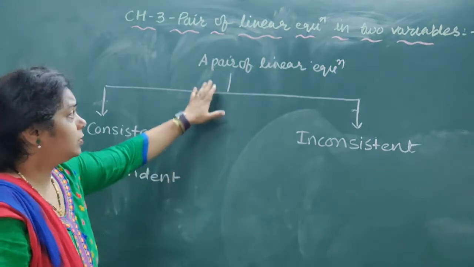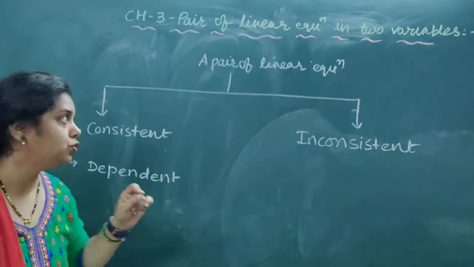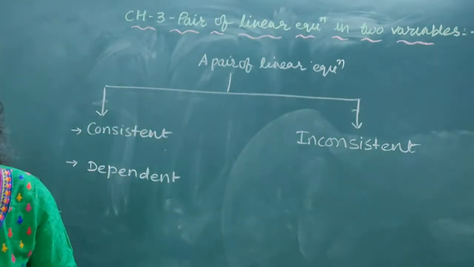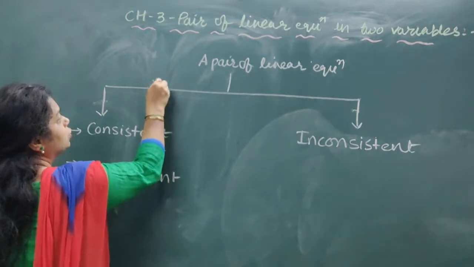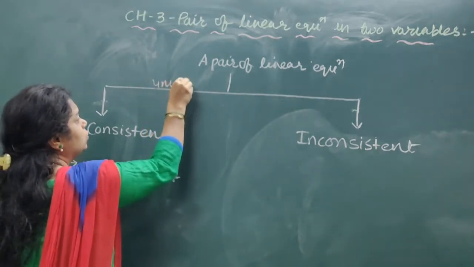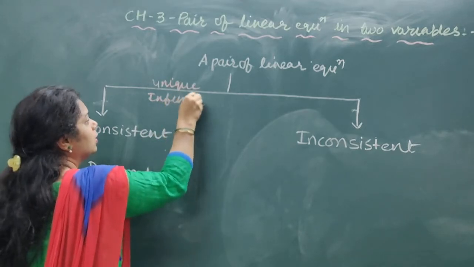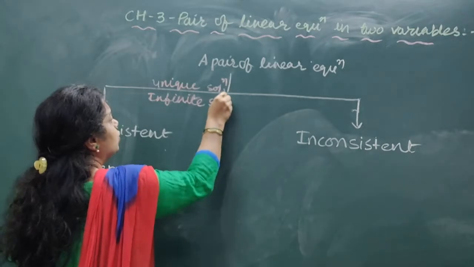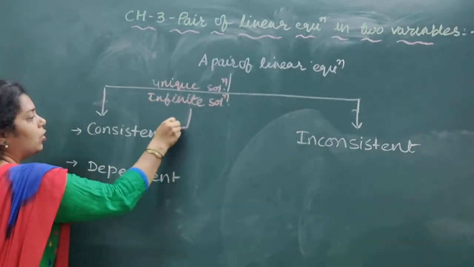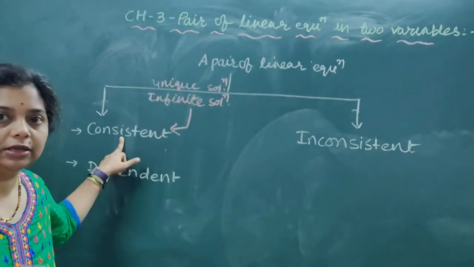Now, if a pair of linear equations shows a unique solution or infinite solutions, it is called a consistent pair of linear equations.